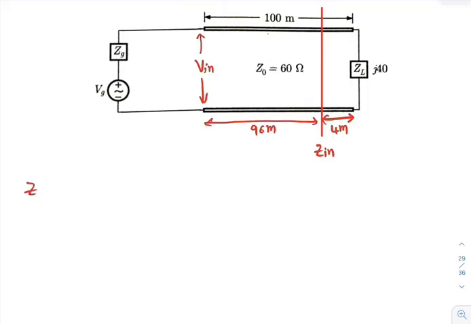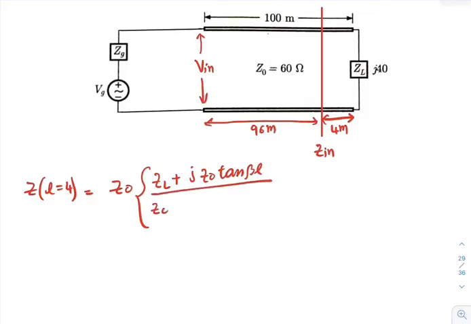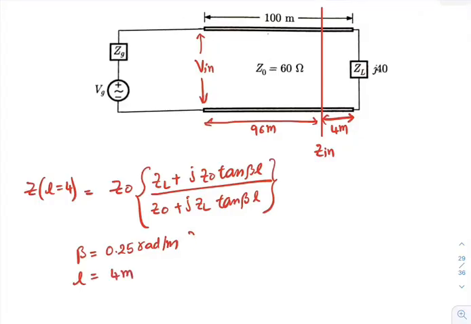Therefore, the transformation equation is Z of L equal to 4 equal to ZO into ZL plus J times ZO tan beta L by ZO plus J times ZL tan beta L. Since we know the value of beta is 0.25 radian per meter, and the length of the transmission line is now 4 meters, the multiplication of beta and L gives you 0.25 into 4, that is equal to 1.